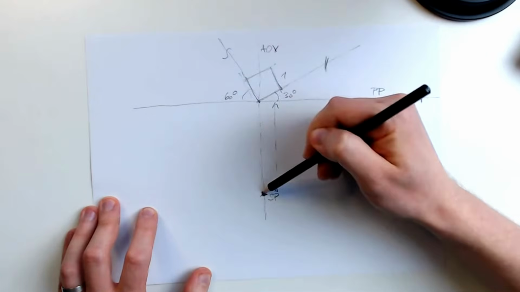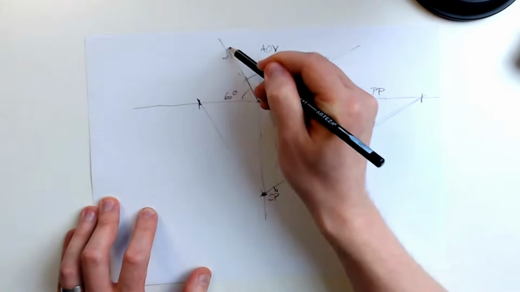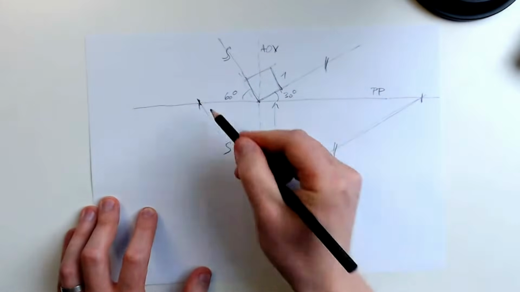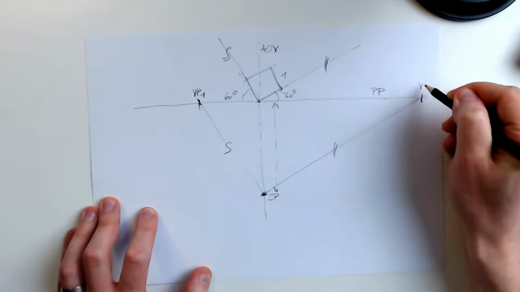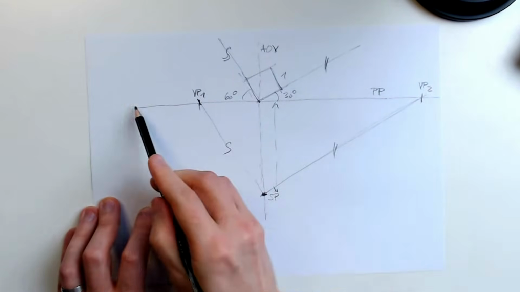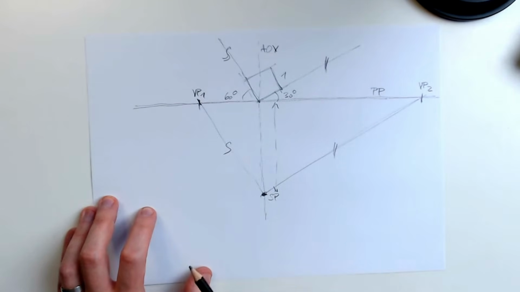And I would go like this. So this is the same direction. And these two are the vanishing points on the picture plane that I can see from a plan view when I construct the perspective.